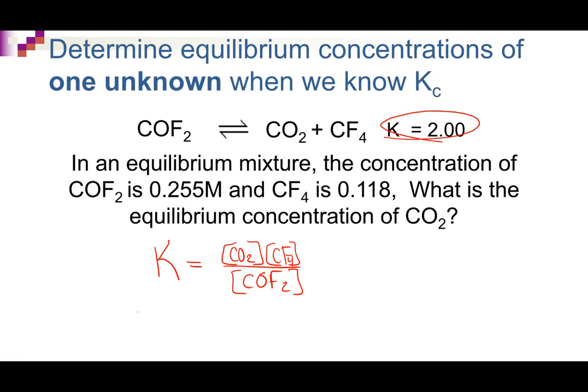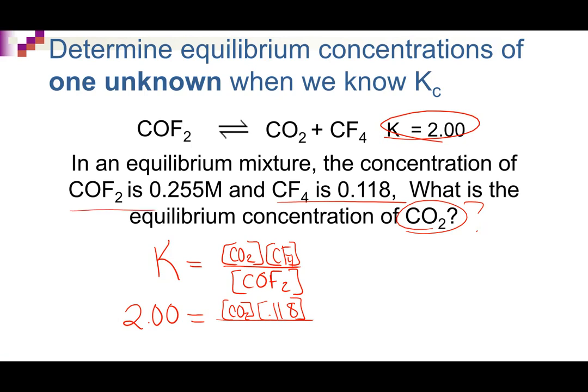I do have my value for K, so K equals 2. The next thing I see is carbon dioxide. Well, that's what we're solving for. We don't know that, so I'm going to leave that in the equation as a variable. CF4, we know the concentration of CF4, it's 0.118. And then on the bottom, we have our reactant, which is 0.255.